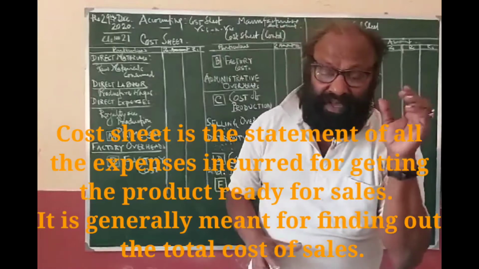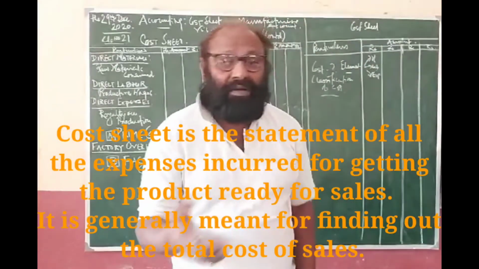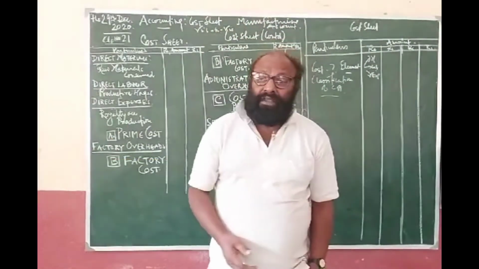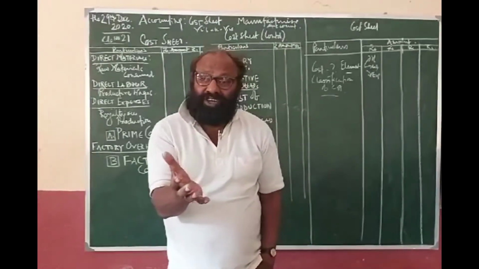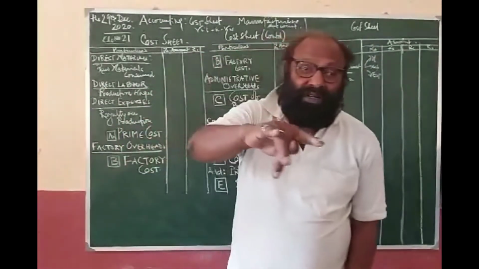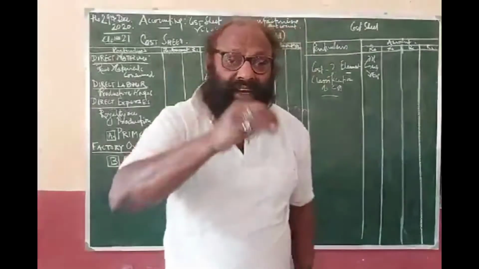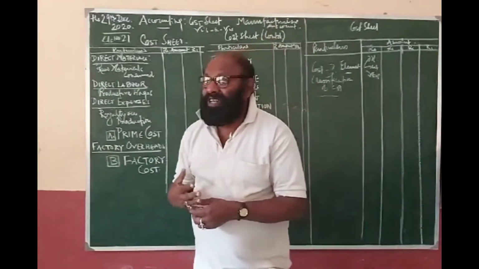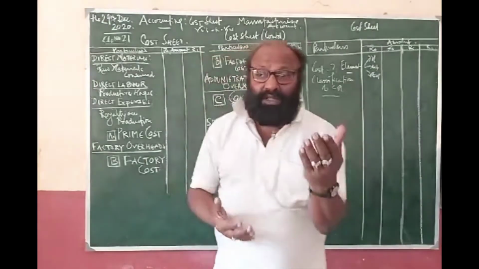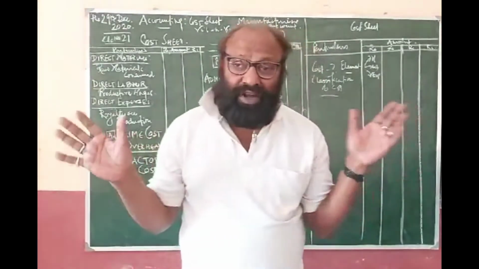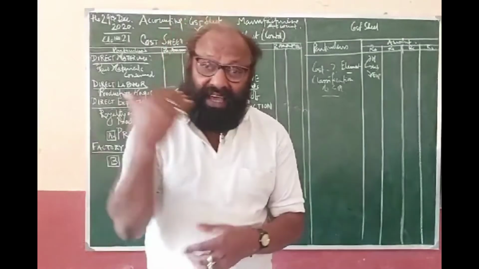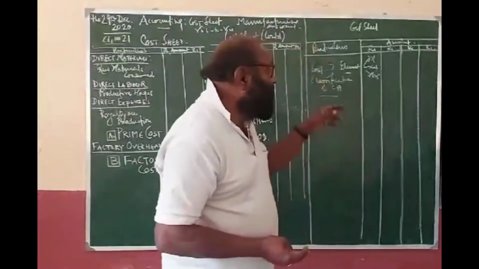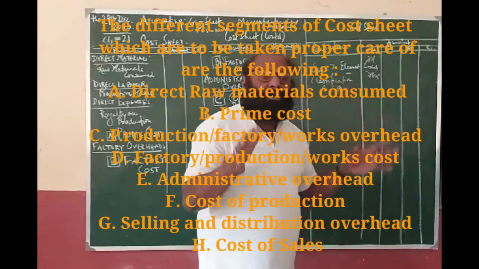Yesterday I took up the example: if you are a producer of furniture, then while producing furniture, the amount of wood needed for getting an almirah ready can be easily spelled out. But how much glue, how much paint, how many nails it requires for the purpose of finishing the material cannot be spelled out directly. And again, there are a good number of labors.